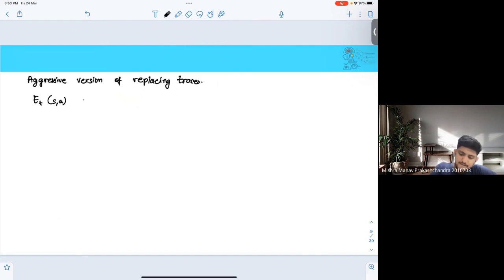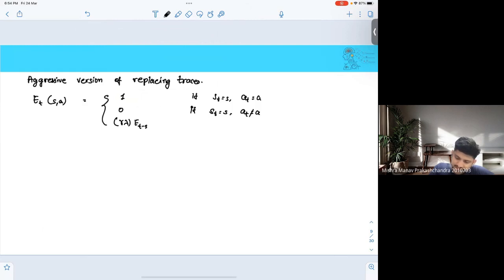So I have E_t(s, a). It's one if S_t is equal to S and A_t is equal to A. It's zero if that action was not encountered, but that state was achieved, if action A was not reached, or it is this quantity otherwise.